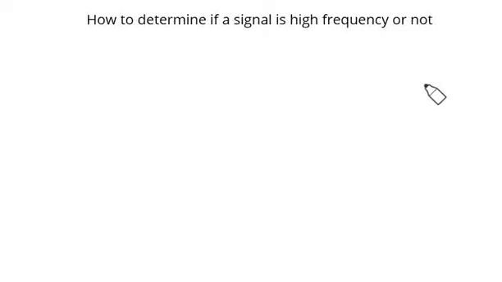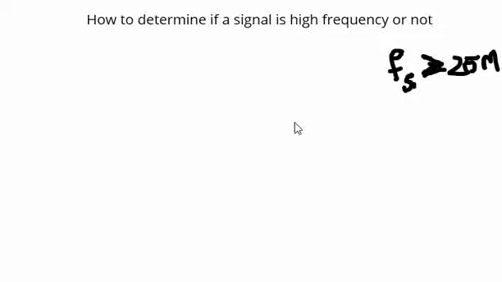If someone tells you that the signal frequency in your circuit is anything more than 25 megahertz, you need to start worrying, but you can still treat this as a low frequency signal.